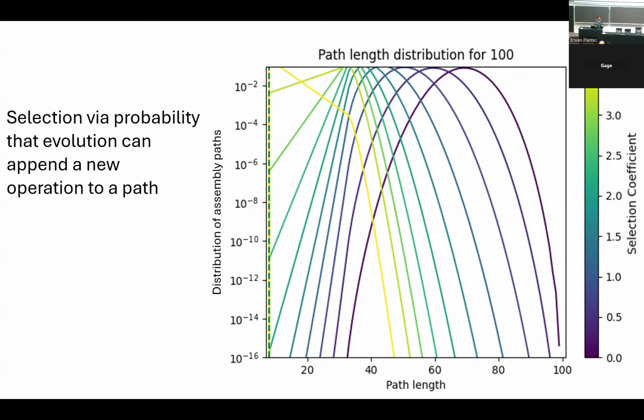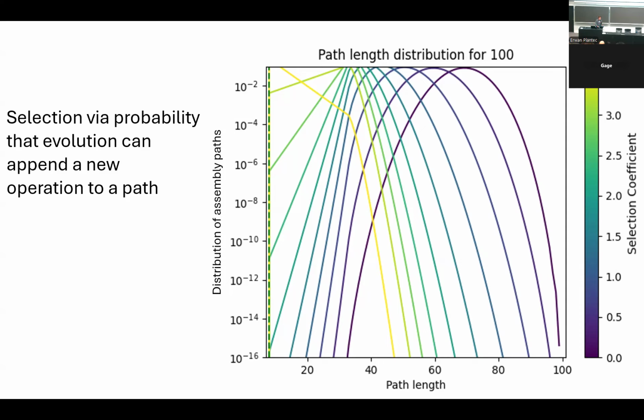So our model of selection says that sometimes evolution can explore all these paths and hit dead ends, and we have some uniform probability for how those dead ends are placed. This selection coefficient is what scales that probability. When it's 0, the probability is 1, and it's the unperturbed distribution.